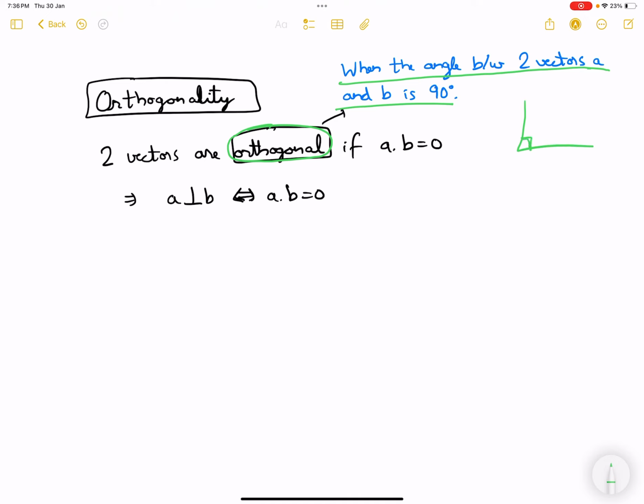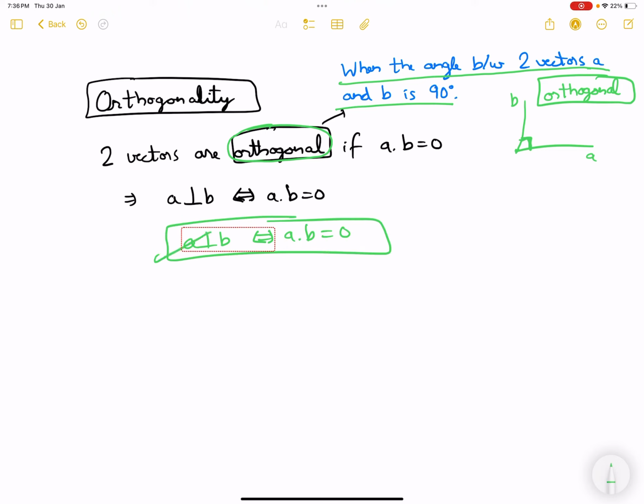Suppose this is a, this is b, and if the angle between these two vectors is 90 degrees, these vectors are said to be orthogonal to each other. Which means that if they are orthogonal, the dot product for them would be 0. So you need to know that if the dot product is 0, they are orthogonal, and vice versa. If they are orthogonal, the dot product is 0.